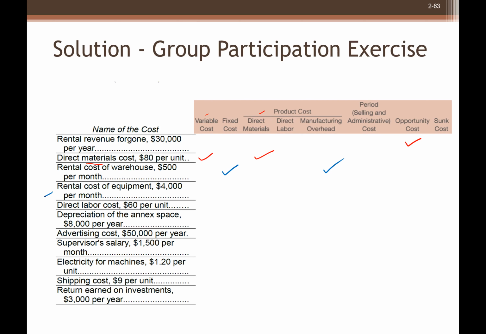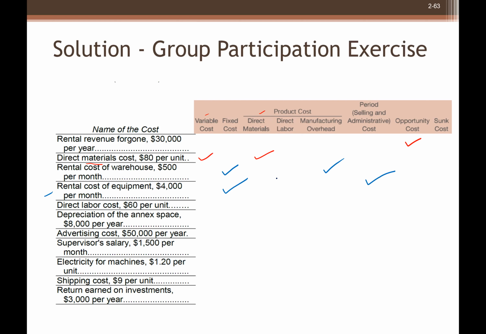We have it as fixed cost. Yes. And that also belongs to equipment. Now the question is silent. Which equipment? If it is a head office equipment, then it's period cost.